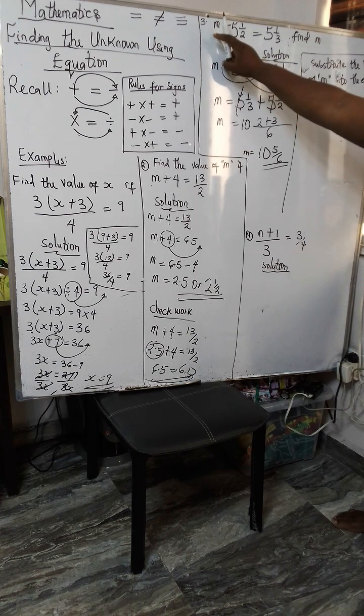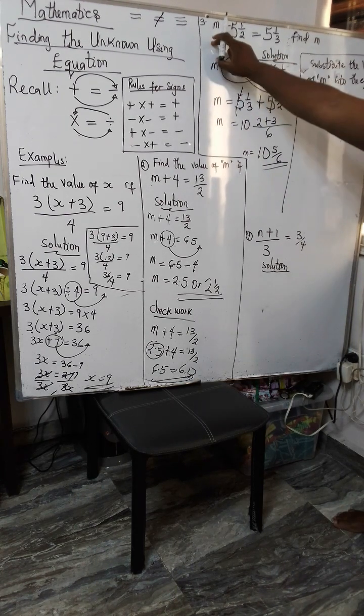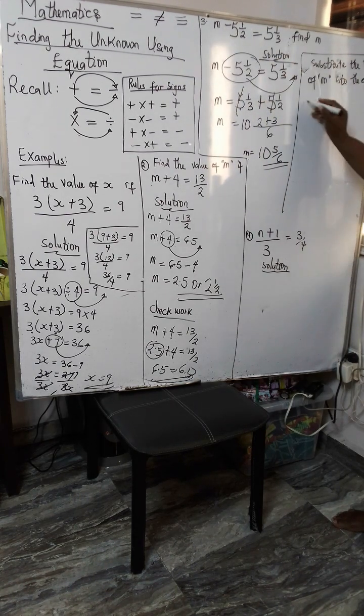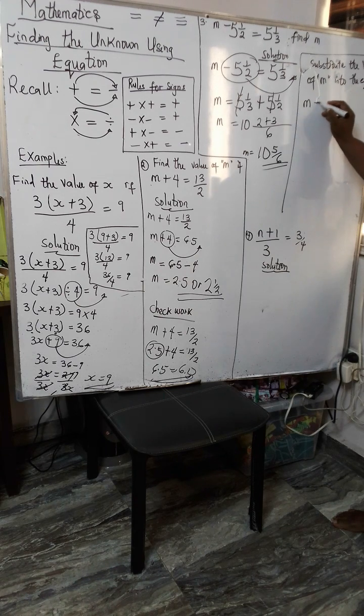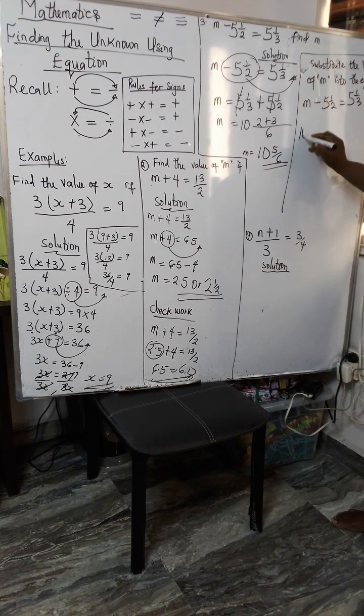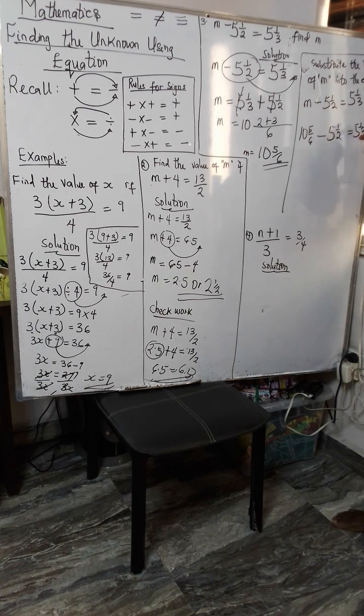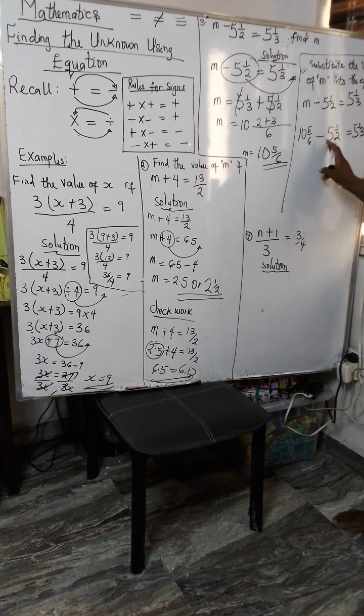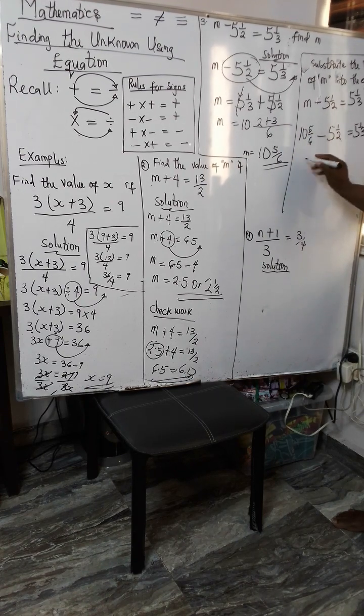So anywhere I see n, I'll just replace it with 10 whole number 5 over 6, so that in n minus 5 1 over 2 equals 5 1 over 3, this is 10 whole number 5 over 6 minus 5 whole number 1 over 2 equals 5 whole number 1 over 3. I want to prove that this is equal to this. This is the whole number 10 and this is the whole number 5. 10 minus 5 is 5.